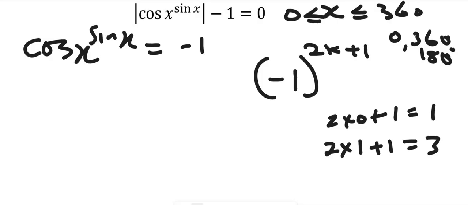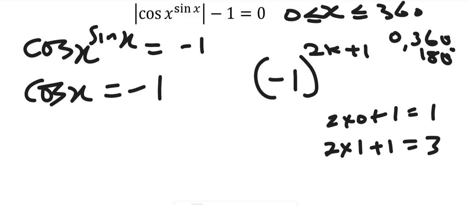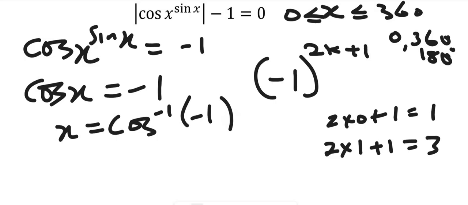Now, in order to move on, the base, which is cos x, will be equal to minus 1. And what is making this to be negative 1? So x will be cos inverse of minus 1.